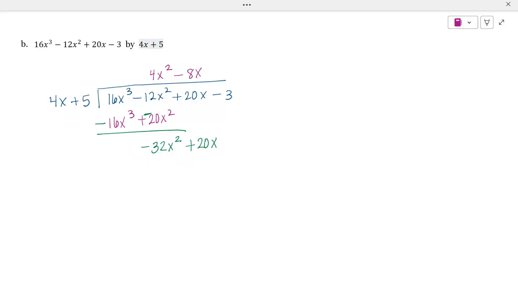Then we multiply this by this whole thing. That'll be minus 32x squared minus 40x. And I subtract, so these are both going to change to addition. And I'll have 60x, and then bring down the last term, which is a minus 3.